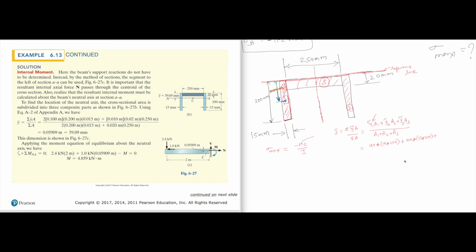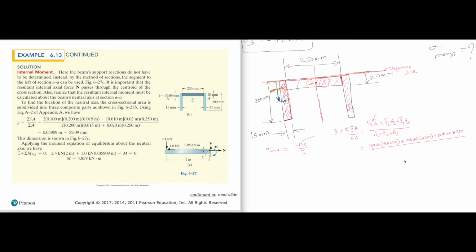Where is the centroid of the third shape? That is the centroid. And how much is the distance of the centroid from the reference line? That is 10 times A3, which is 20 times 250, right? 20 times 250 over area 1.